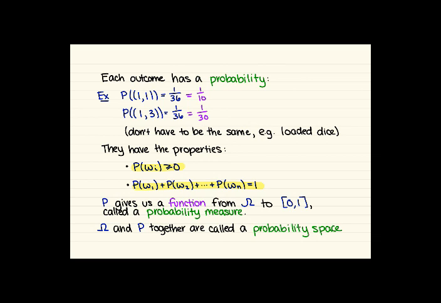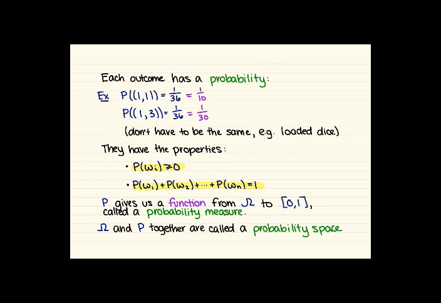So the result of this is that P gives us a function from the sample space omega to the interval from 0 to 1. So as inputs, we have our outcomes, which were things in the sample space, and as outputs, we have numbers between 0 and 1. And this function is called a probability measure.